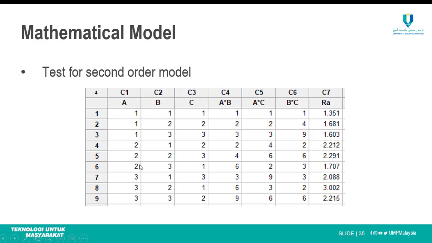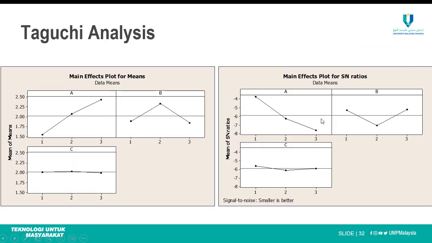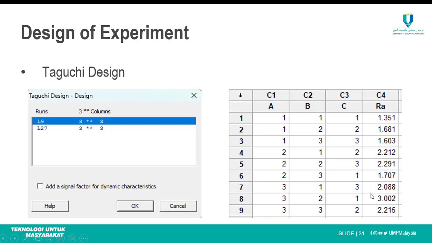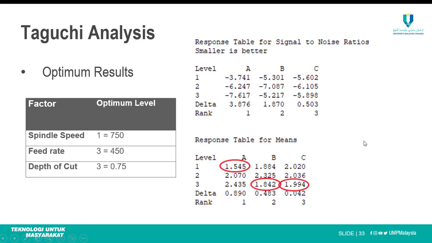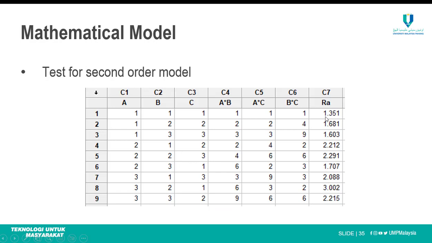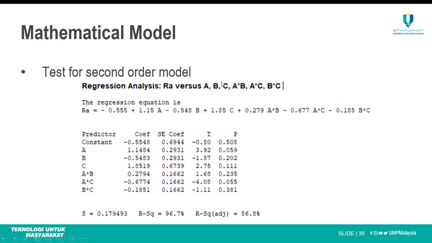Again, we use the same output that we obtained earlier for RA. RA is basically the same as the one we collected earlier. So we just rerun the regression model, but now we are considering the second order model.